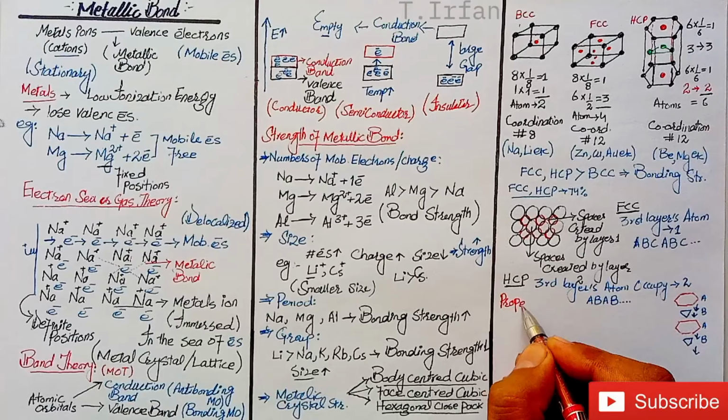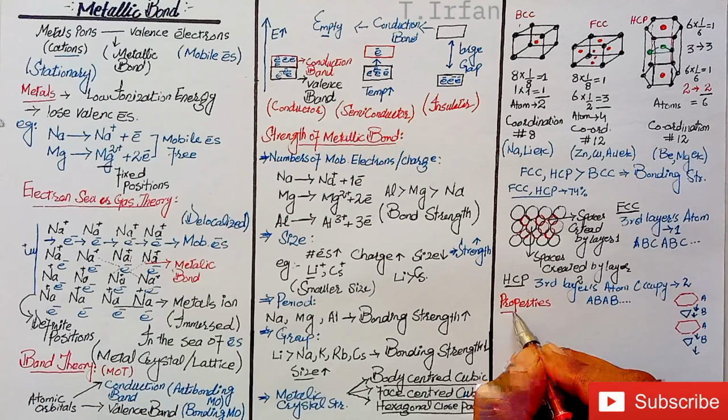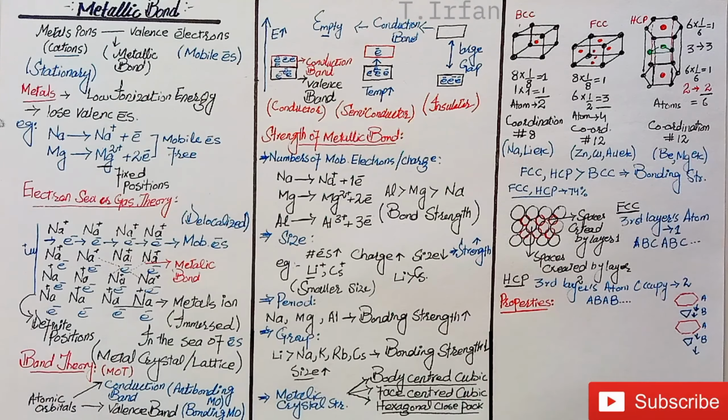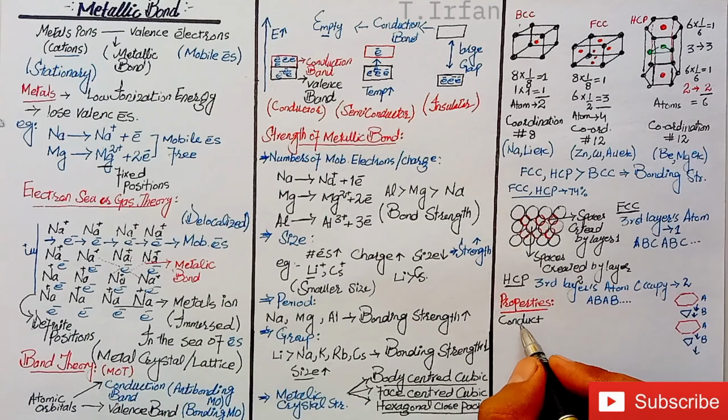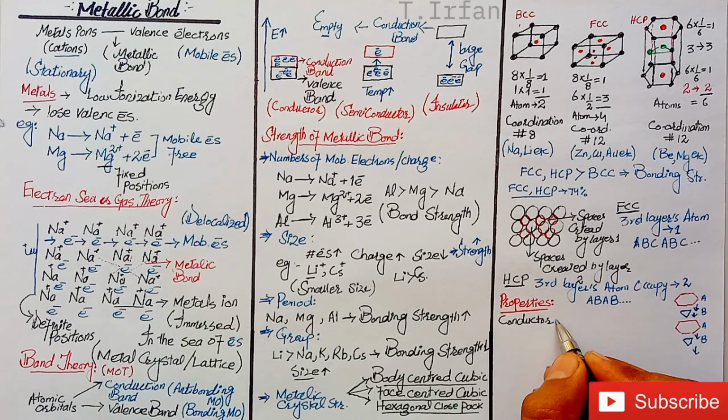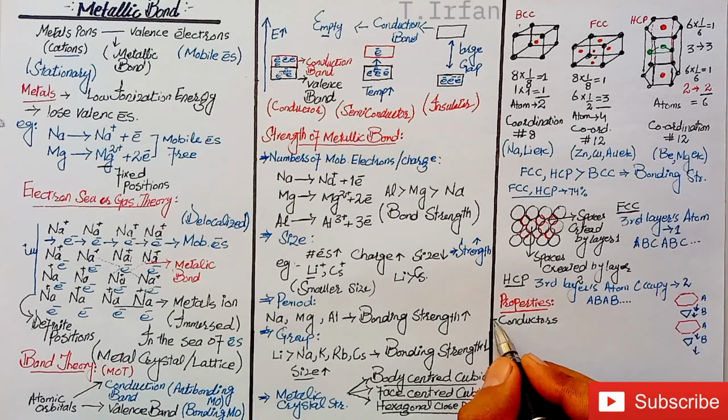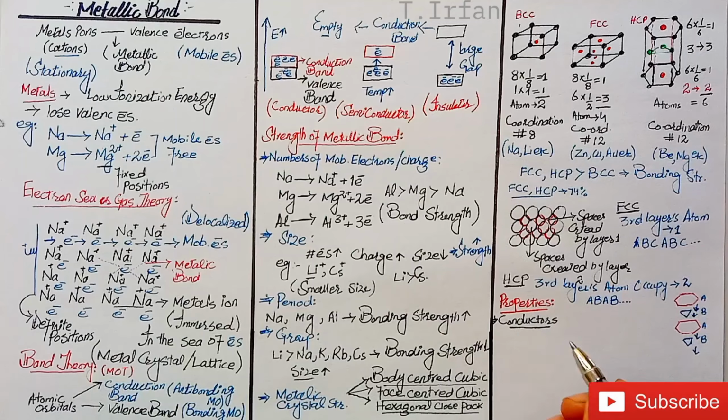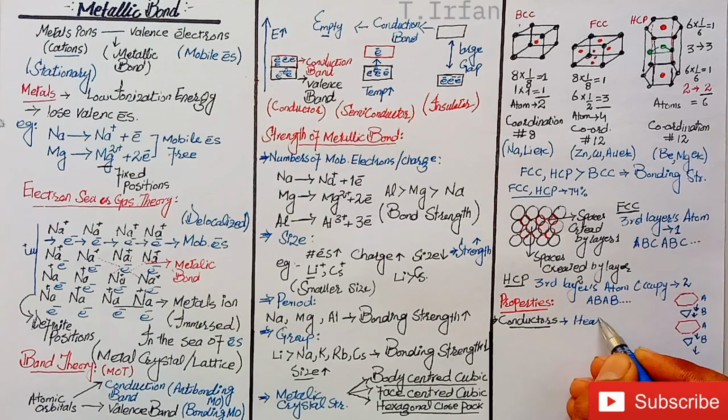Let us now discuss some properties of metallic compounds. Metals are conductors. Metals conduct heat plus electricity. This is because there are free electrons which conduct heat and electricity.